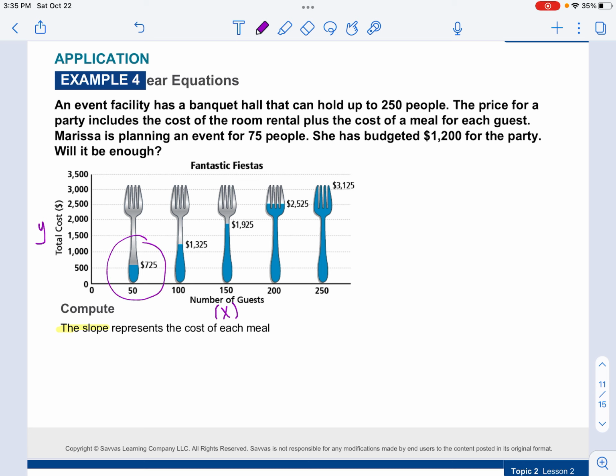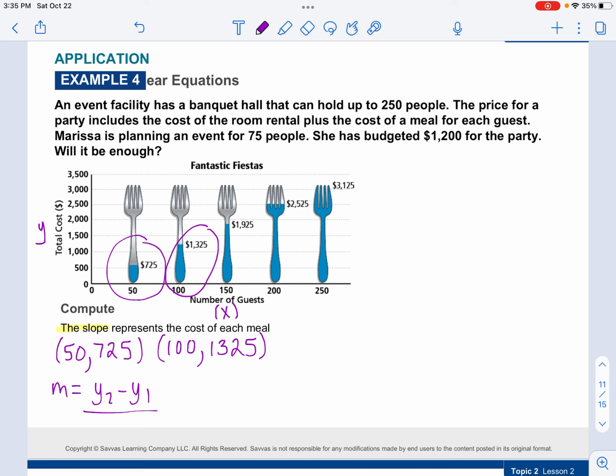One is here, where the number of guests is 50 and the total cost is $725. And my other point is here, where the number of guests is 100 and the cost is $1,325.